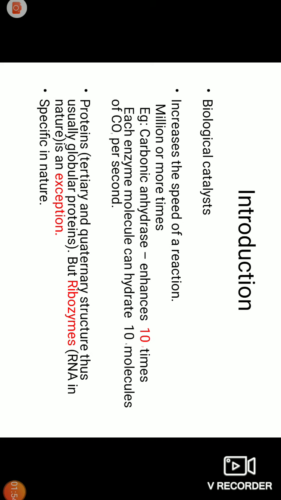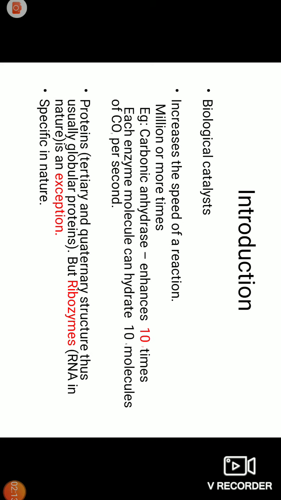Based on their nature, catalysts can be broadly divided into inorganic and organic ones. Inorganic catalysts are the most commonly used, especially in industries.